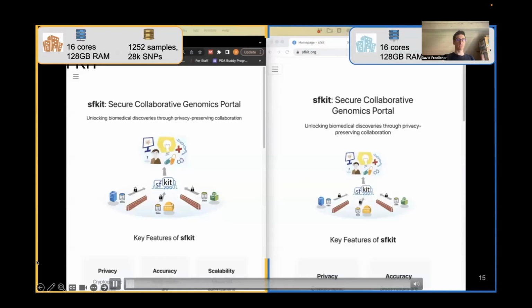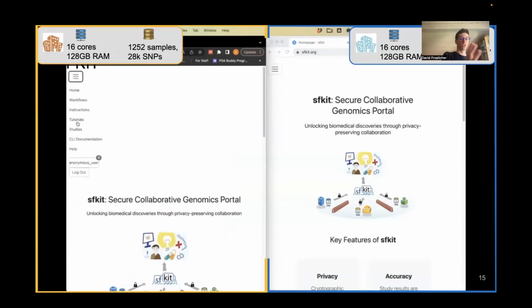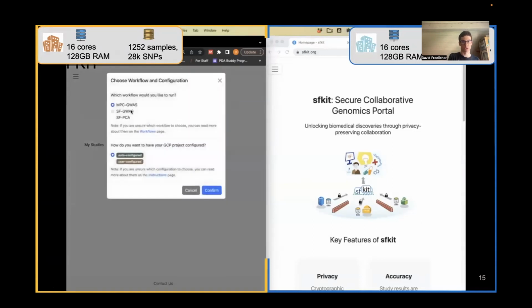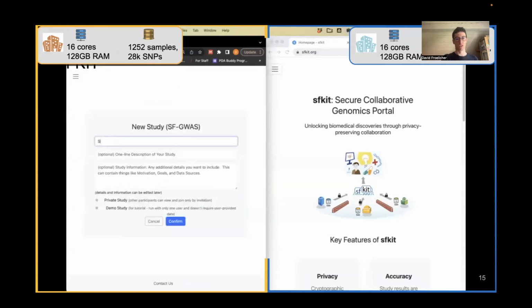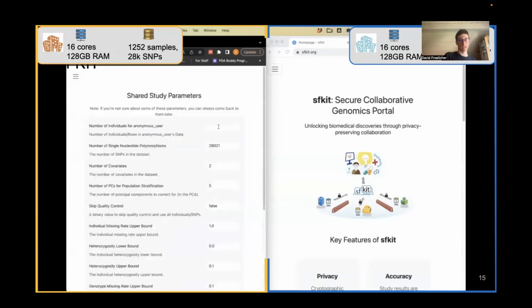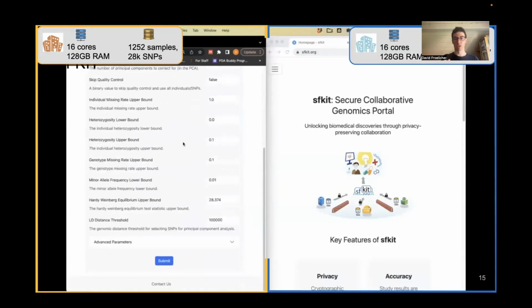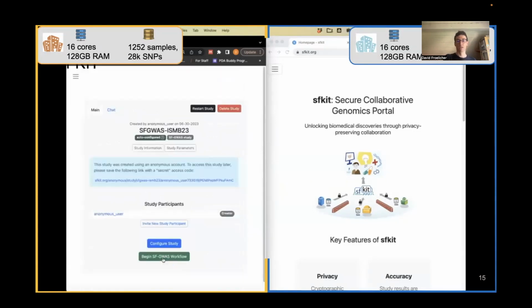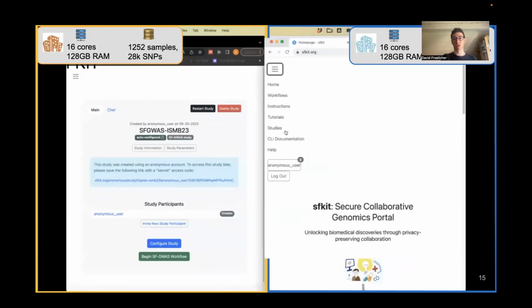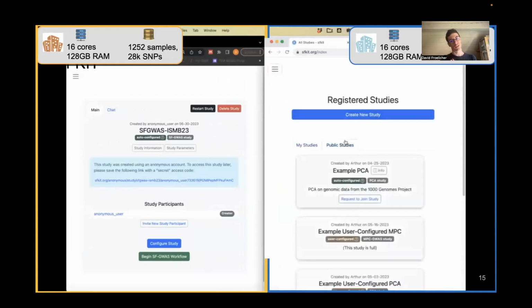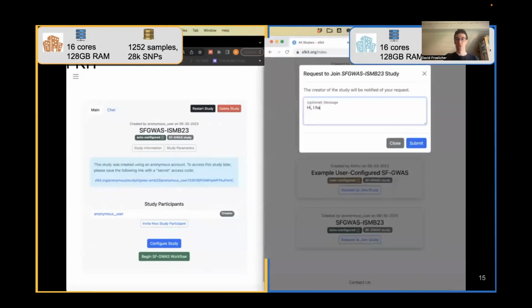So here there are 2 users. The user on the left will create the study, here a genome-wide association study. It will then select the parameters for the study, describe the properties of its data, and submit the study to the website. Other users can see the study and request to participate in the study.